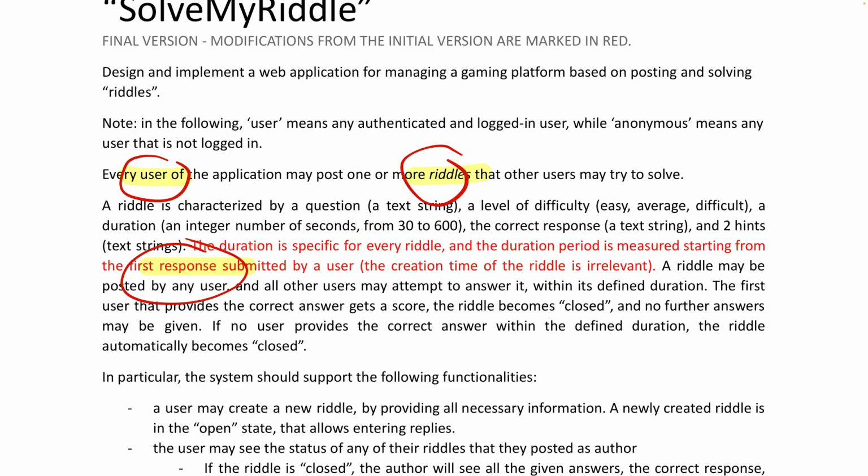So what does this mean? That the entities that we have identified in the text will become tables.